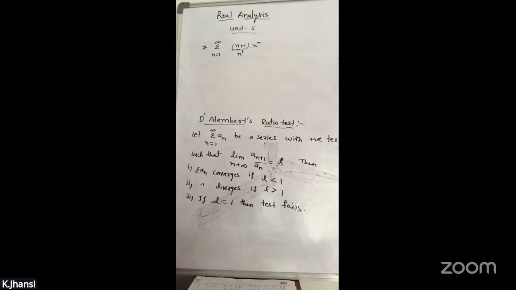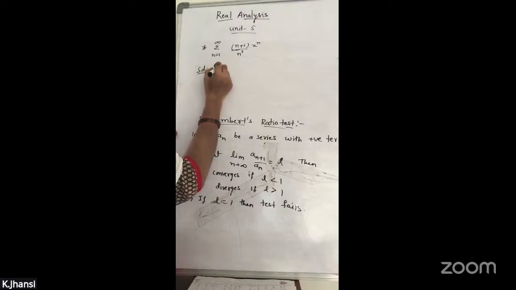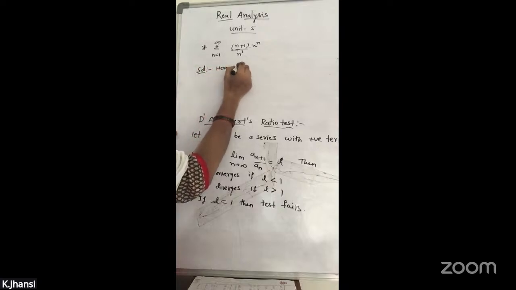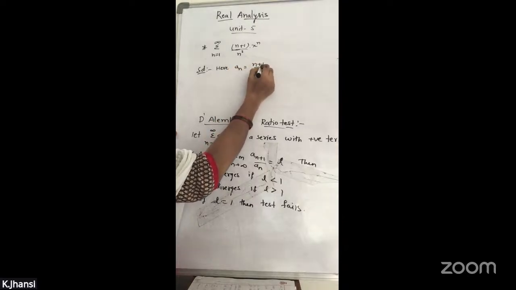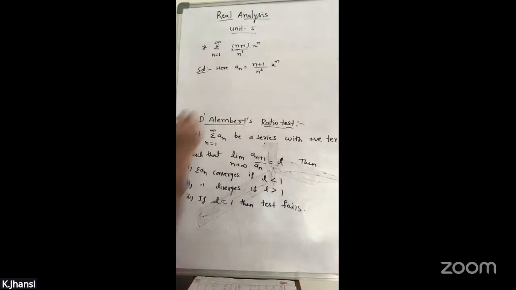Okay, this is the problem you have to solve with the help of D'Alembert's ratio test. So for this, the given an is equal to n plus 1 by n cube into x to the power of n.